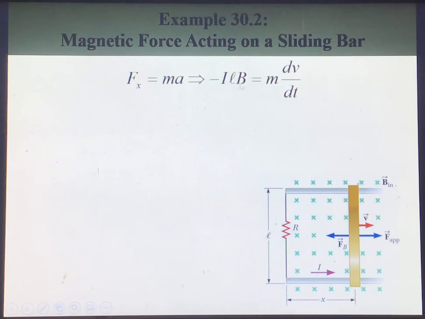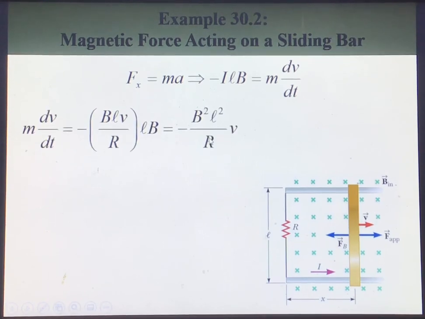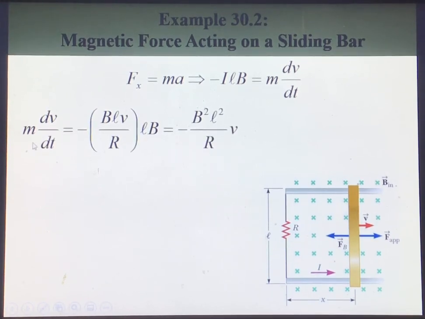So if I set this equal to m times dv by dt, then I can write m dv by dt equals, and in place of the current I substitute all of these, so I end up getting negative B squared L squared over R times v.